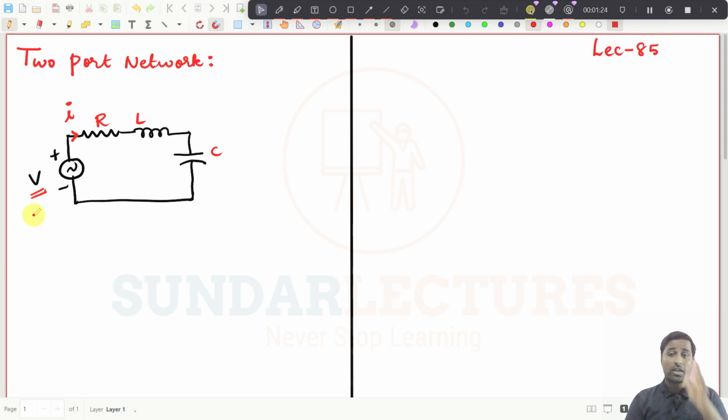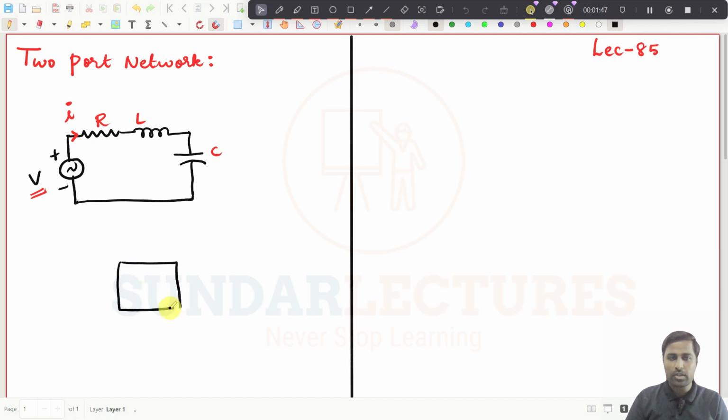But what is the topic today? It is the two-port network. We have one input port and one output port. That is what we are going to see. I will draw the diagram. This is the two-port circuit.